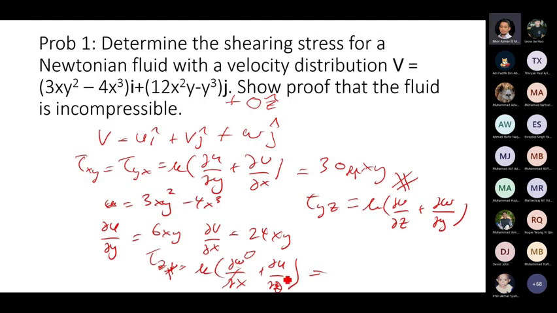And for the velocity u, its change with respect to z, there's no z variable there, so this will be 0 as well. So the shear stress on the zx surface will be 0 as well.